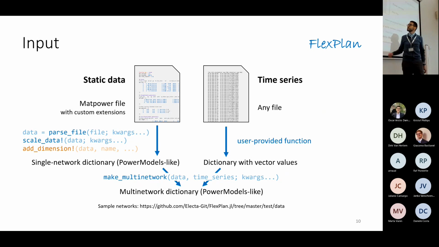This data can be ingested by a parse file function. Then data is scaled, mostly costs are scaled, so that when they are added up in the objective function, they will produce the intended results.